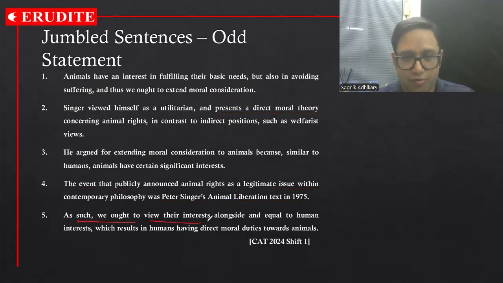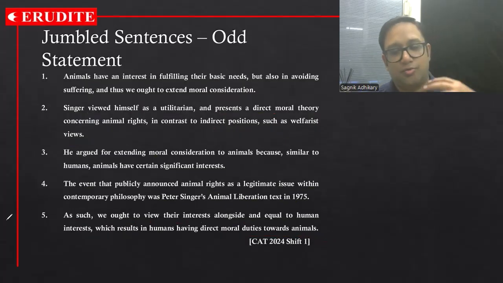As such, we ought to view their interests alongside and equal to human interests, which results in humans having direct moral duties towards animals. After reading this, we would at first be at a loss because everything seems to be connected. This is a truly tough question where it is quite difficult to realize what the difference is because the difference is so fine, so minute. That makes this question even harder.